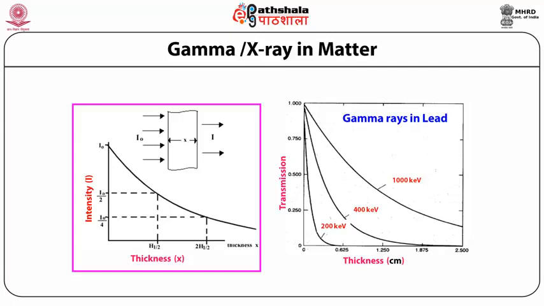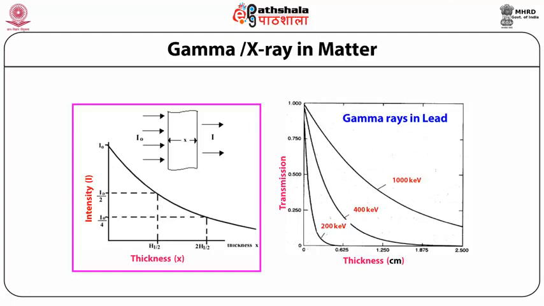On the right hand side picture, the transmission probability of gamma rays in lead for different energy gamma ray photons as a function of thickness is represented. Here, transmission means how many gamma photons will pass through a given thickness of lead sheet.